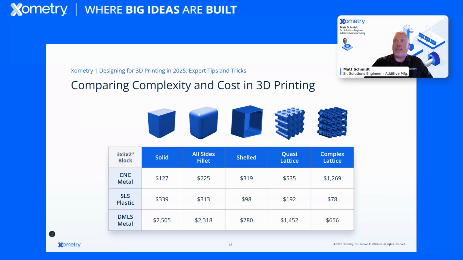And there used to be the presentation pitch. I keep going back to my historical notes from over the years. Complexity is free in additive. Not exactly, but it does prove a point here where you're moving across with CNC and you're adding complexity, you're adding cost. If you look at DMLS or SLS in the additive process, as you move to the right, you're decreasing in cost.